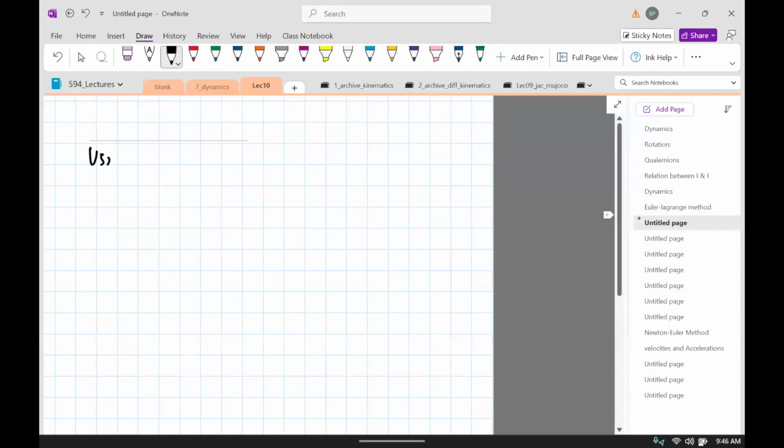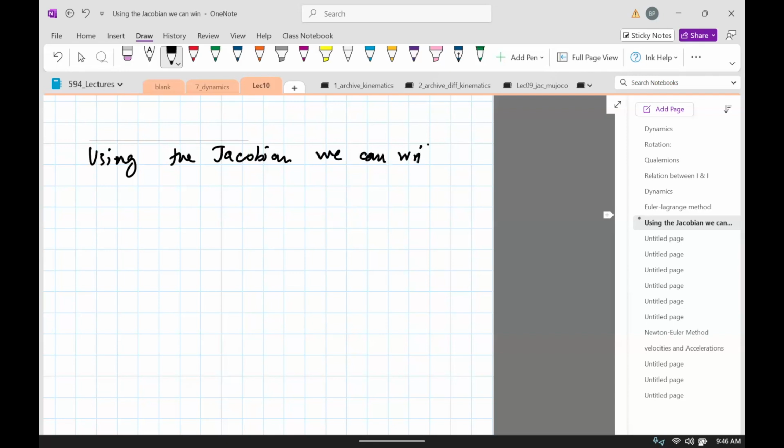Using the Jacobian, we can write T as half q dot transpose, where q dot is the rate of change of the degrees of freedom, summation from 1 to n, all the links. What we have inside is mi Jvi transpose Jvi plus J omega i transpose.